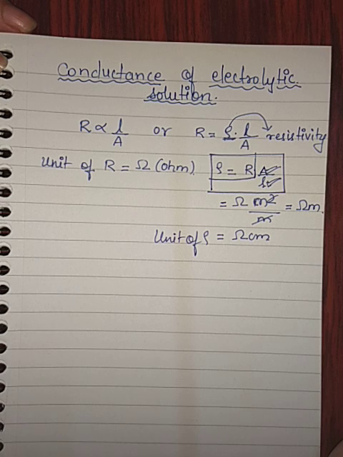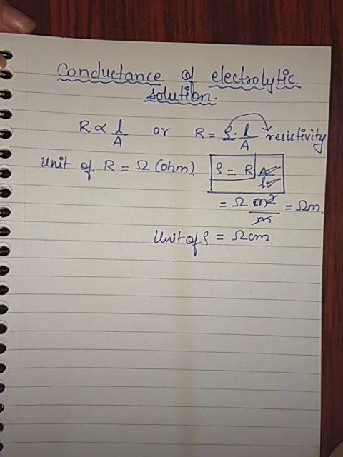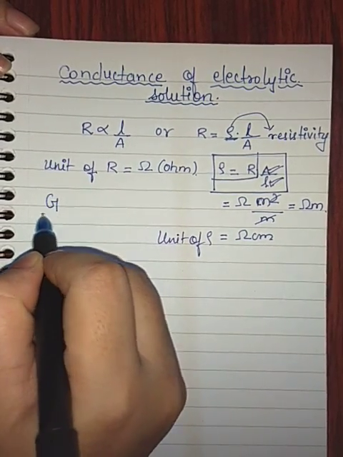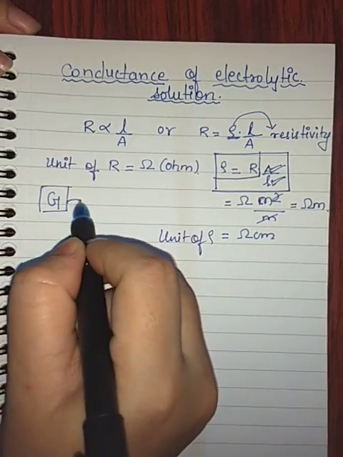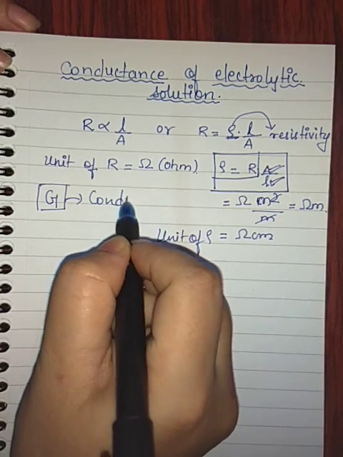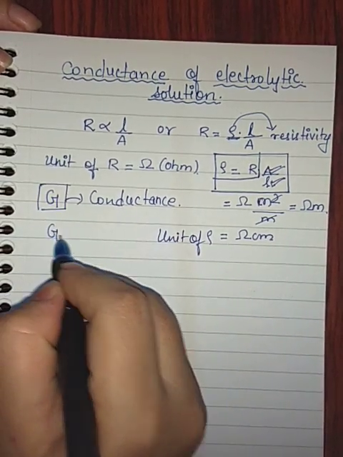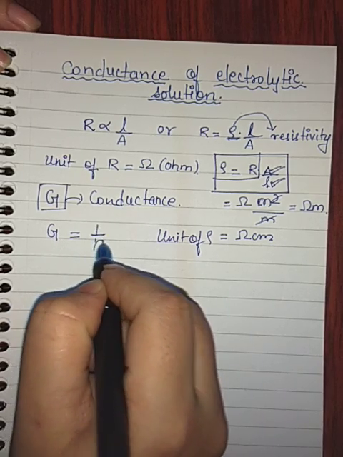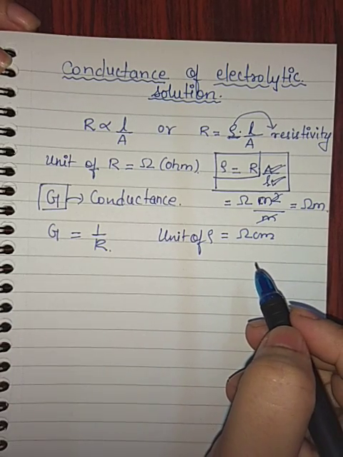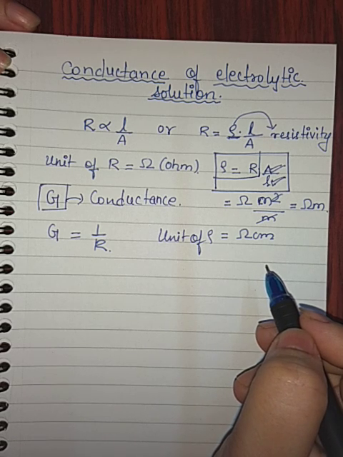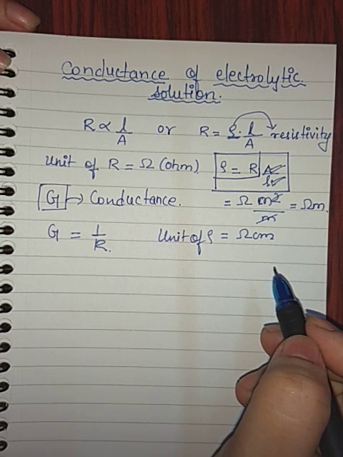Because conductance of electricity from a wire depends upon resistance of the wire, and conductance is denoted by a symbol G. So G is a symbol for conductance, and G is exactly the inverse of the resistance. Less the resistance, more is the conductance. More the resistance, less is the conductance of the wire.